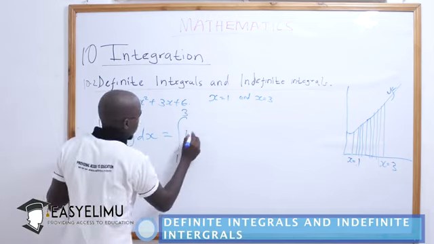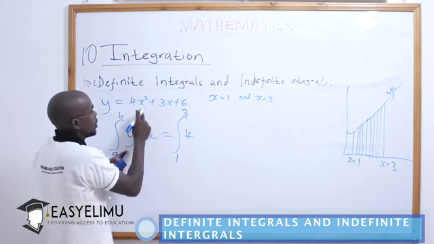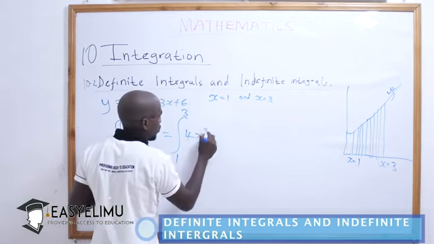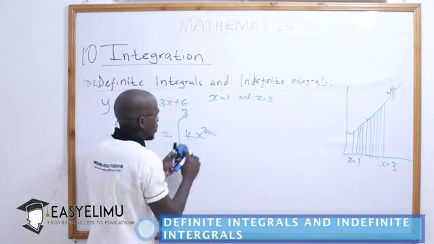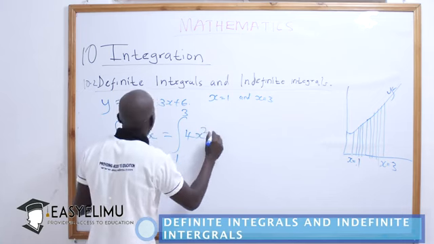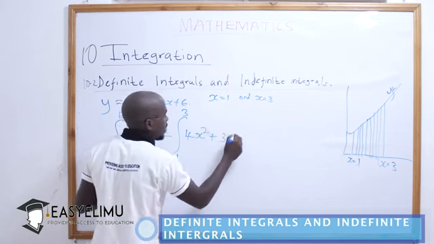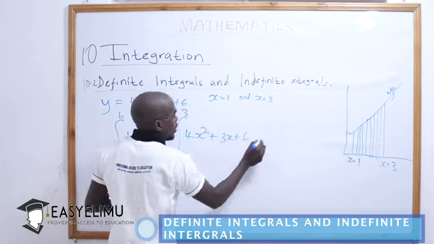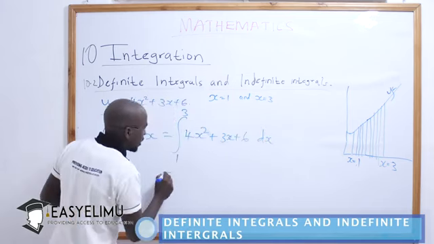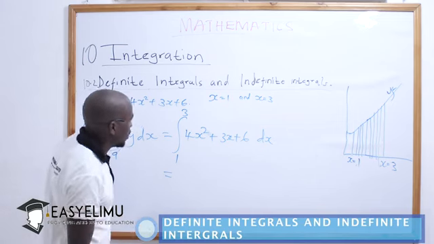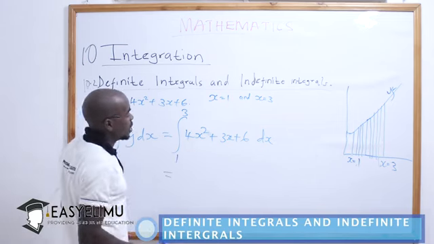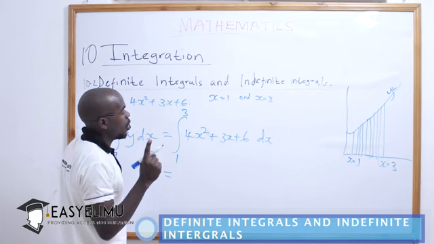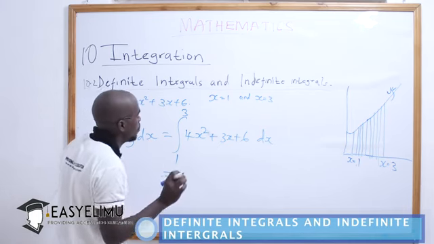And if we do that, we replace y with 4x squared plus 3x plus 6, then dx. If we integrate, we add 1 to the power and divide by the new power.